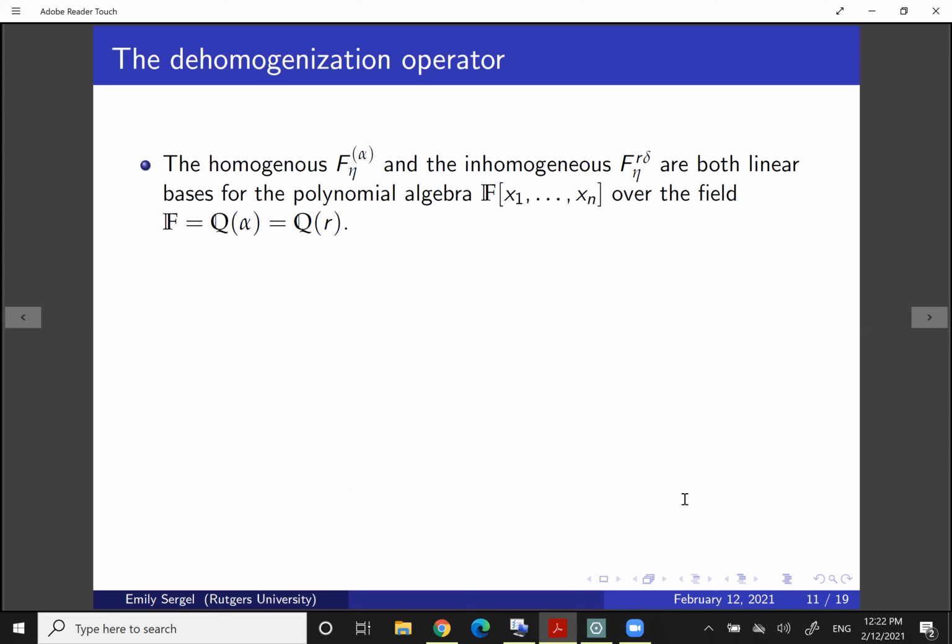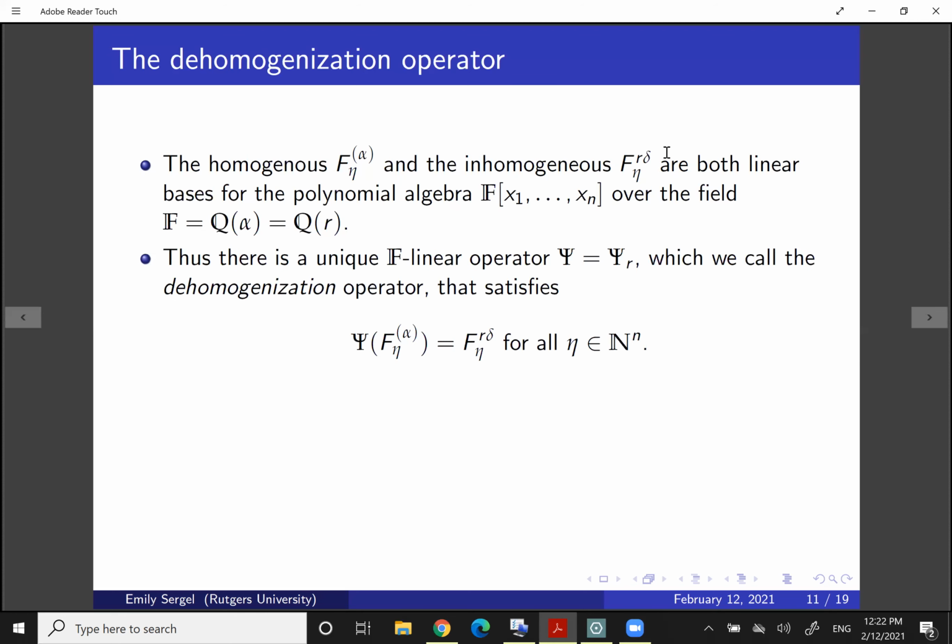So our tool here is what we call the dehomogenization operator. And we're taking advantage of the fact that both the homogeneous Jack polynomials, this f with an alpha up top, and the inhomogeneous interpolation polynomials, f with an r delta, are both bases for the polynomial algebra that we're interested in, for polynomials in alpha and r and x1 through xn.